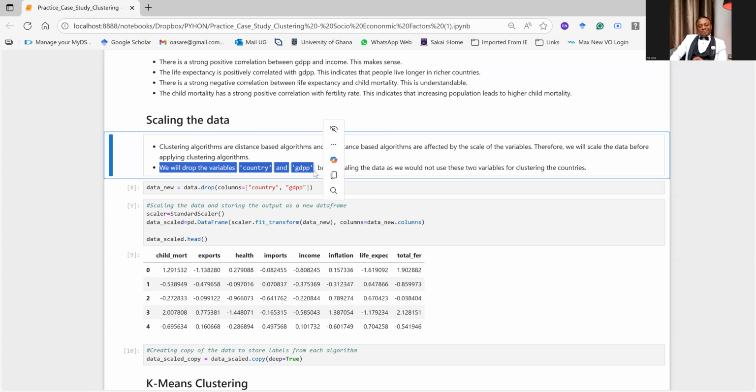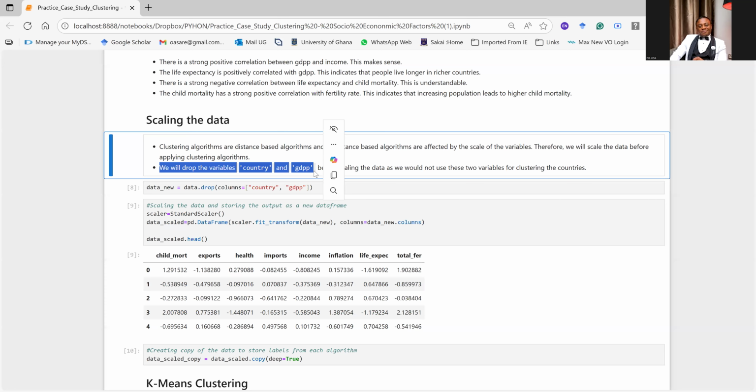If you were doing a regression or a classification, the features here are what you might call the independent variables. For example, one variable can be measured in dollars, another in percentage, another in tons or kilograms, different scales.